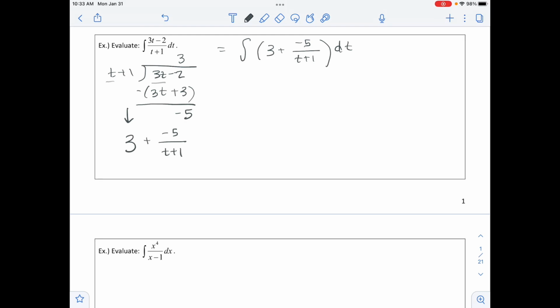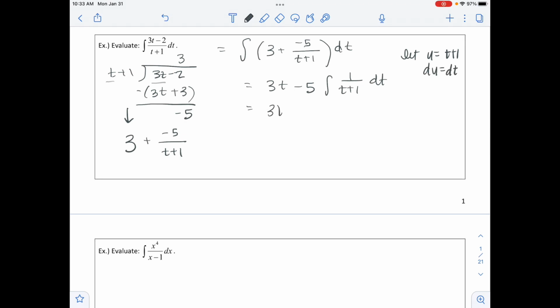This is something we can easily integrate. Integrating 3, we end up at 3t. And then integrating 5 over t plus 1, I have minus 5 times the integral of 1 over t plus 1 dt. And I'm going to go ahead and use a u substitution here. So I'm going to let u equal t plus 1, and then du equals dt.